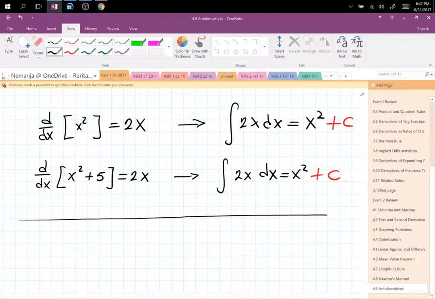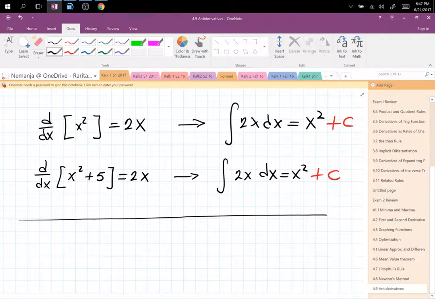Negative cosine, right? What is the integral of 1 over x? ln x. Because the derivative of ln x is 1 over x, the integral of 1 over x must be ln x. Your derivative chart is now going to be read backwards.